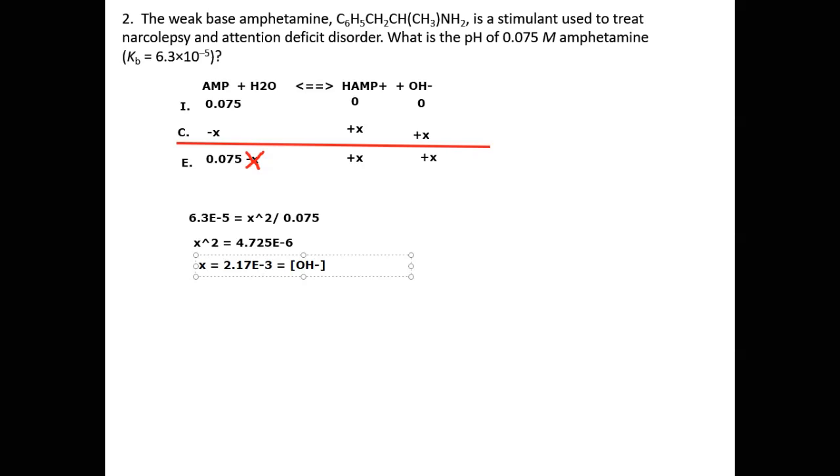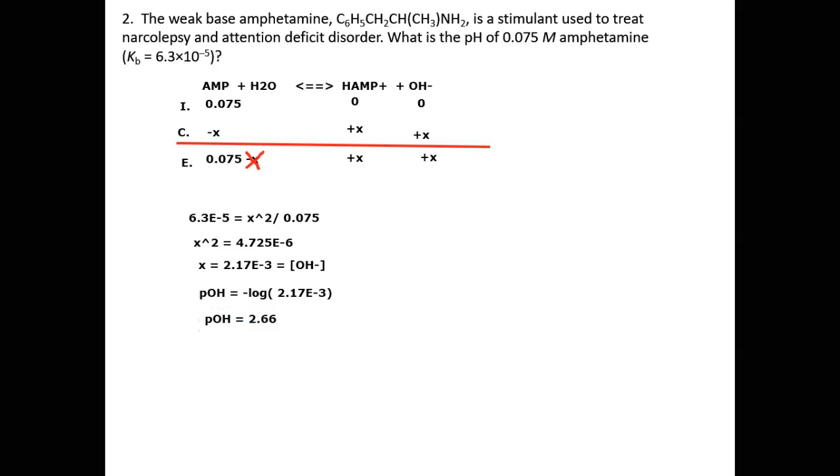hydroxide ion concentration. So now we can find the pOH, negative log of 2.17 e to the negative 3. That's 2.66, but don't forget at this step, this is the pOH. It asks for the pH.